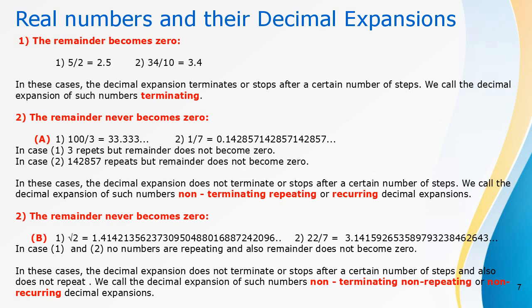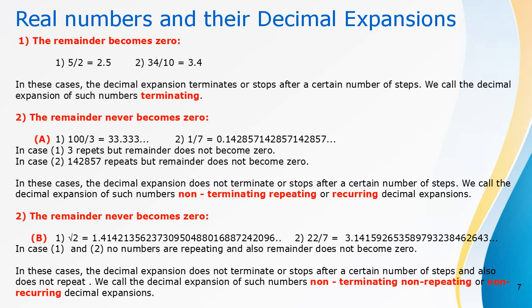Similarly, in case B where the remainder never becomes 0, root 2 is equal to 1.414213562371309880168872420962, which is too long. Similarly, 22 by 7 is also long.